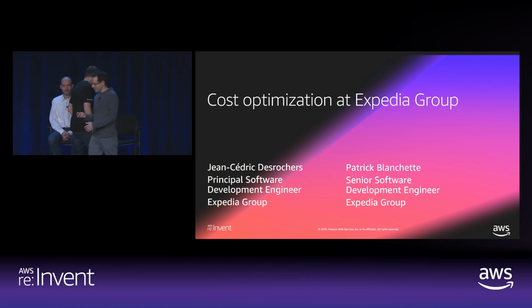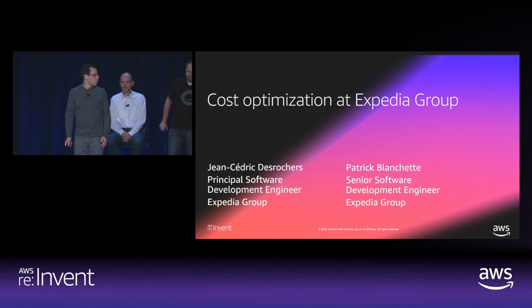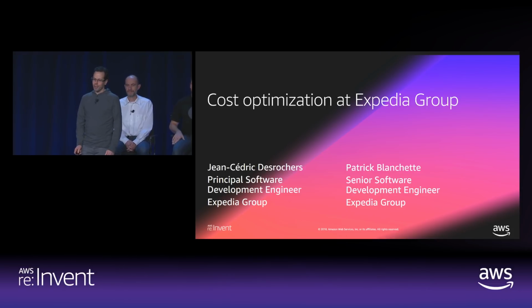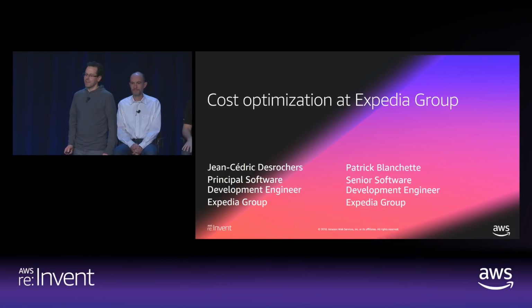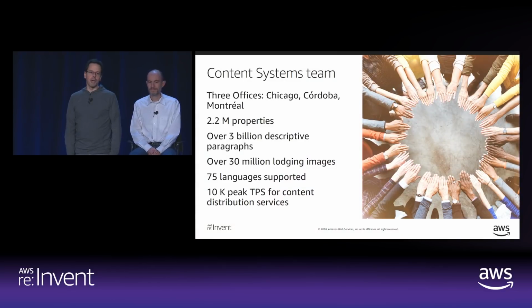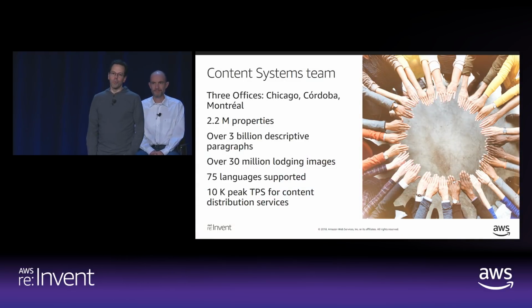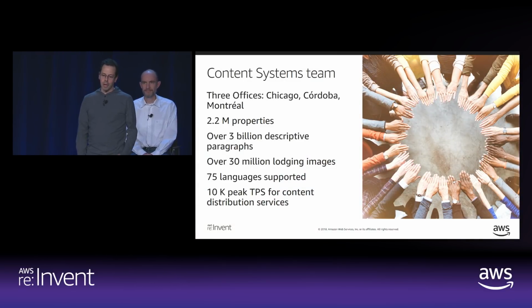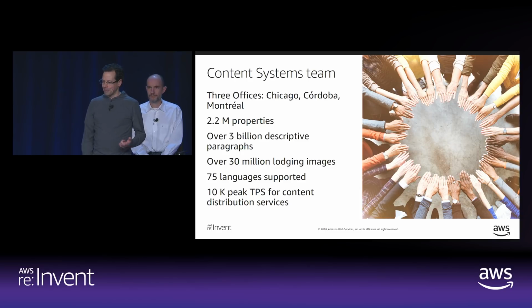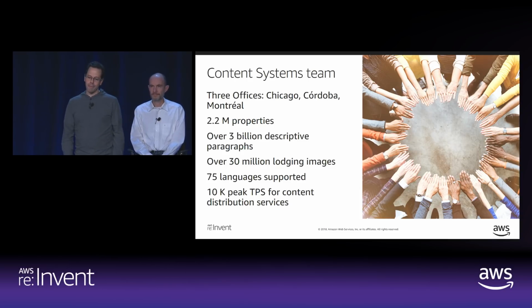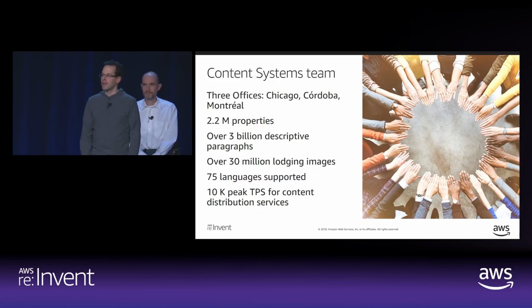Thank you, Jean-Cédric. I'm also really happy to be here to share our story. I'm a member of the content system team. So when we talk about content in Expedia, we talk about things like media, properties, descriptions, paragraphs about hotels, rooms, and bookable products.